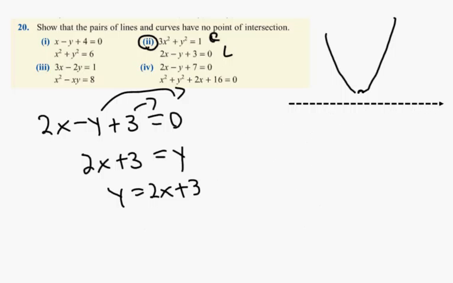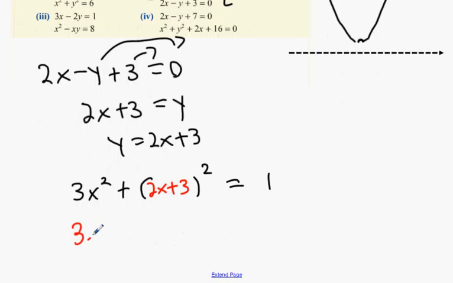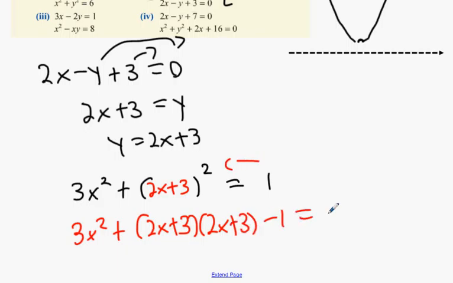What is the quadratic equation again? 3 times x squared plus whatever y is squared equals 1. Is that right? What's y? 2x plus 3. Okay, so what does that mean? 3x squared plus 2x plus 3 multiplied by 2x plus 3 minus 1 equals 0.